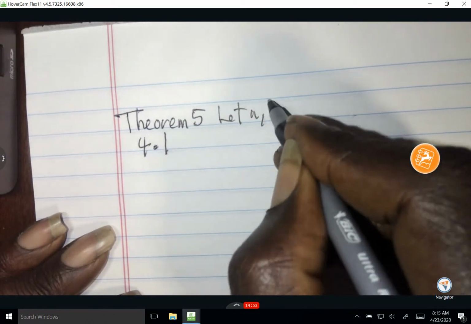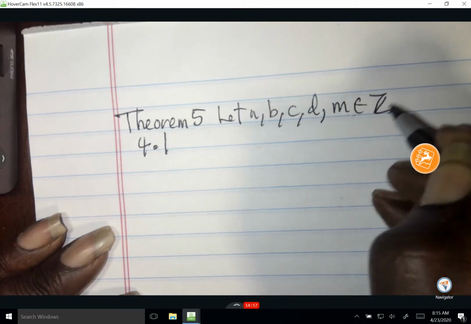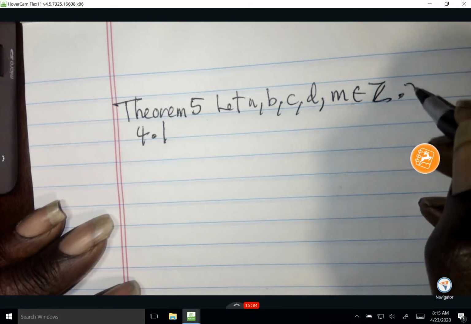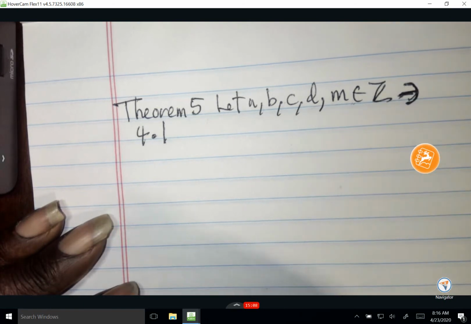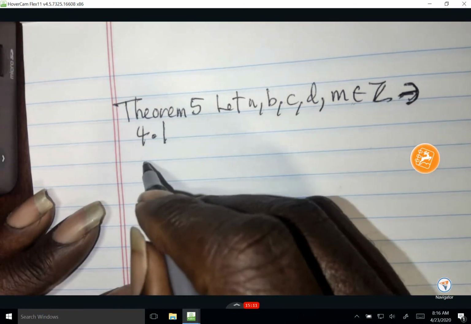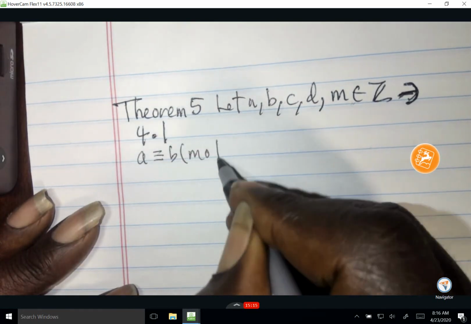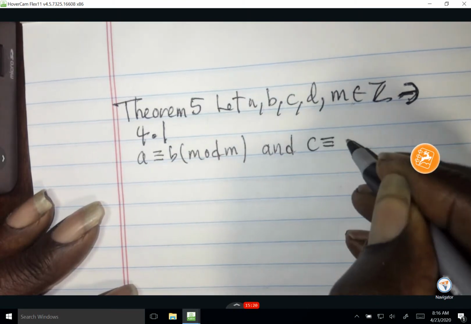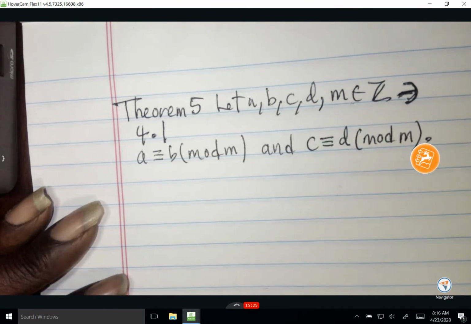Let A, B, C, D, and M be integers such that A is congruent to B modulo M, and C is congruent to D modulo M.